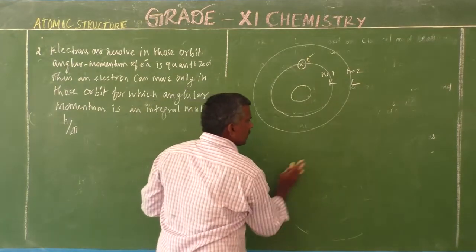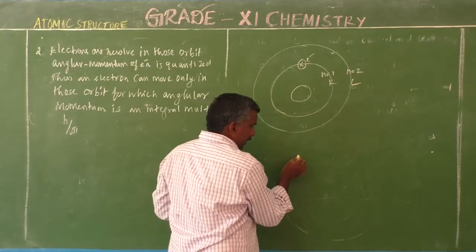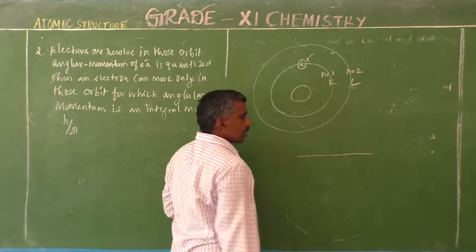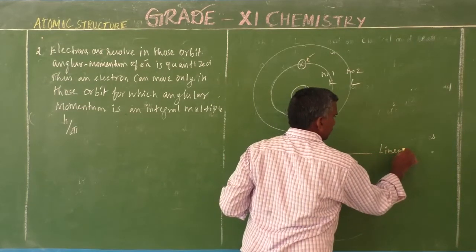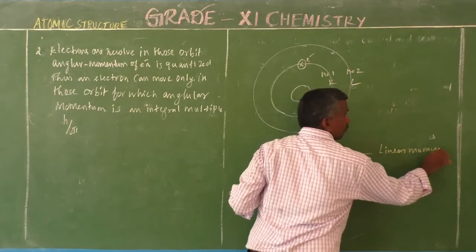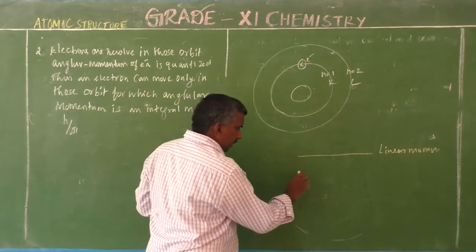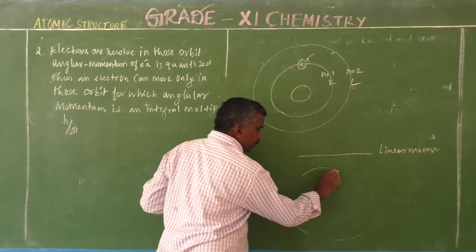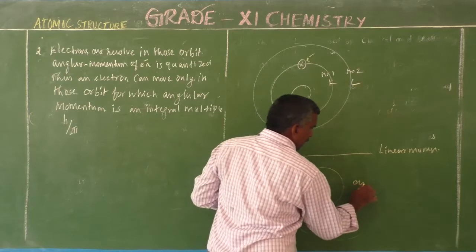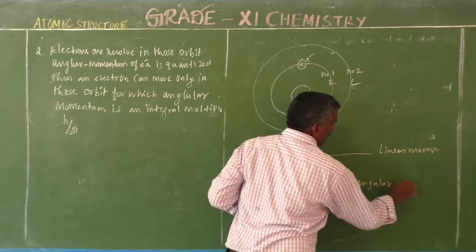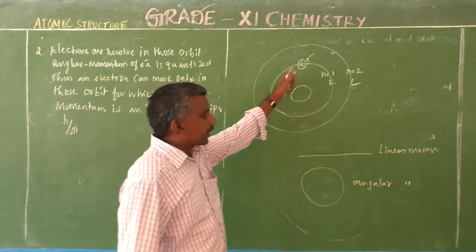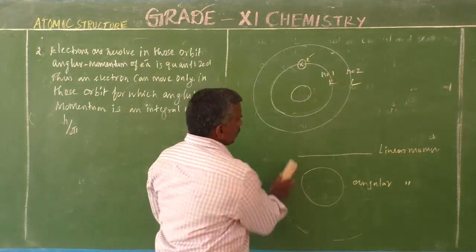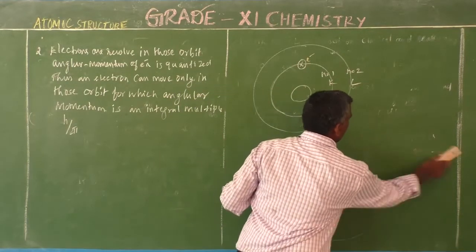You know from physics that when a body travels in a straight line, it has linear momentum. When a body moves in a circular path, it has angular momentum. Here the electron revolves around the nucleus, so it has angular momentum.